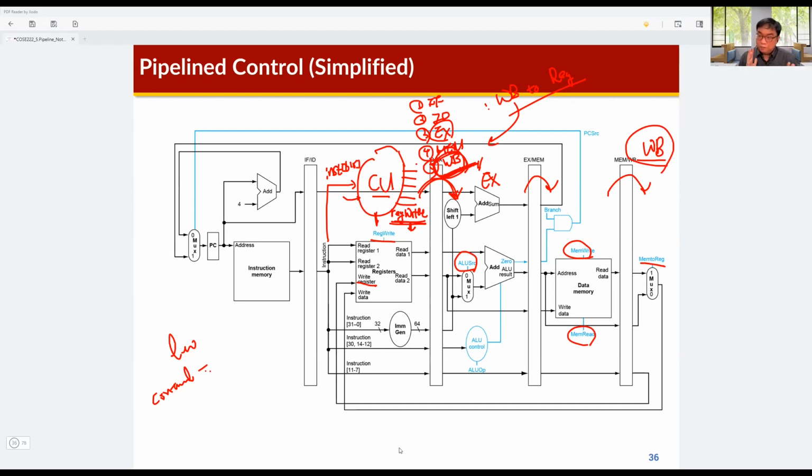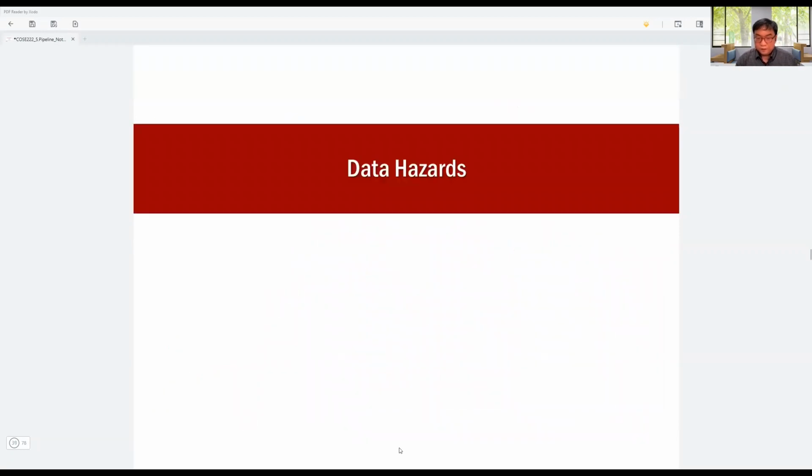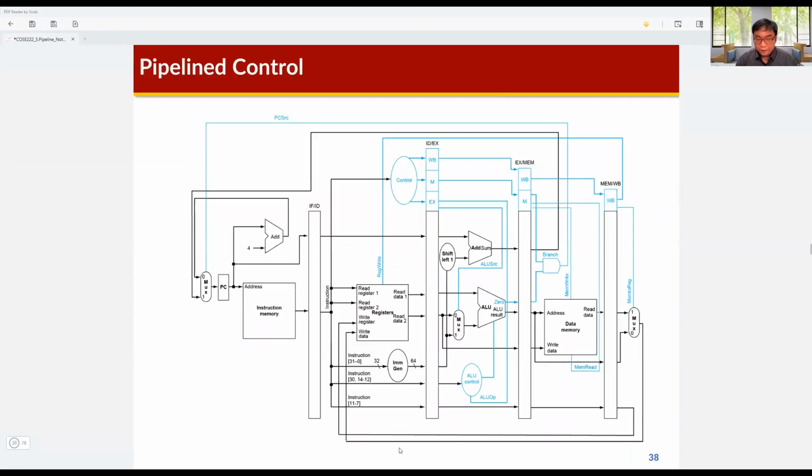So we need to match the timing of data and control signals, or we need to match the timing of data and addresses in the pipeline processor design. It's very critical and very important. Okay. So this is the final pipeline design.